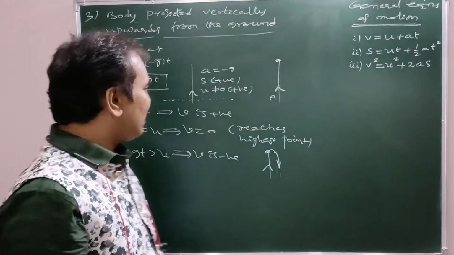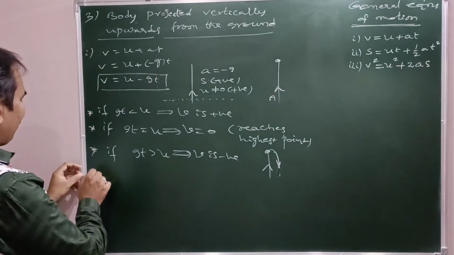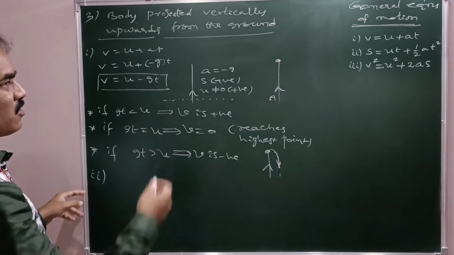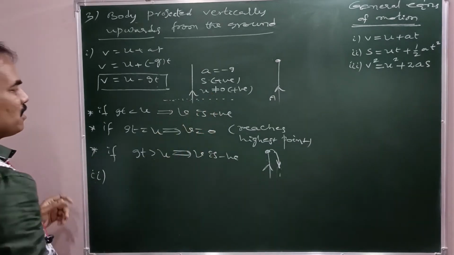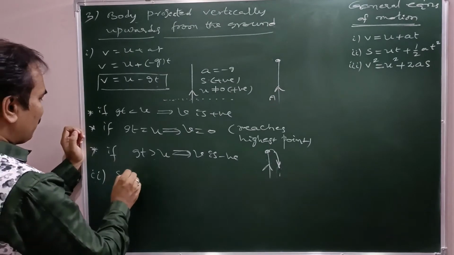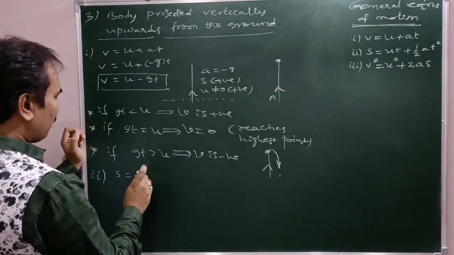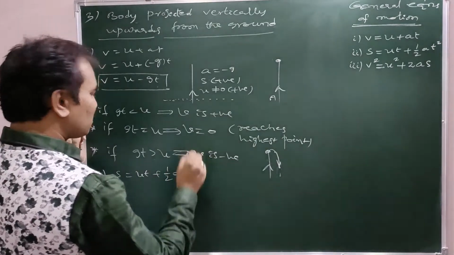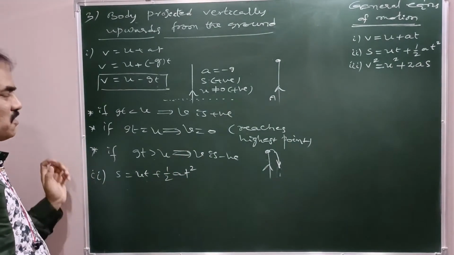Now coming to the second equation. What is the second equation? See, the second one, s equal to ut plus half at square.